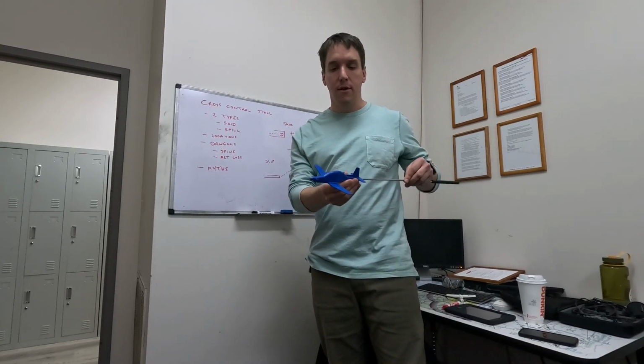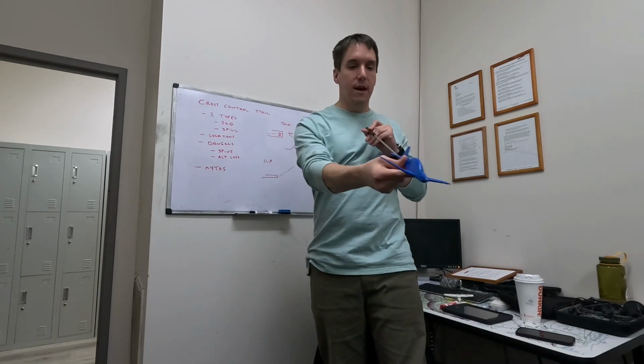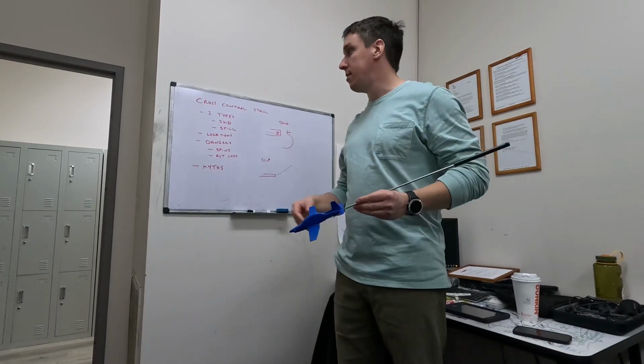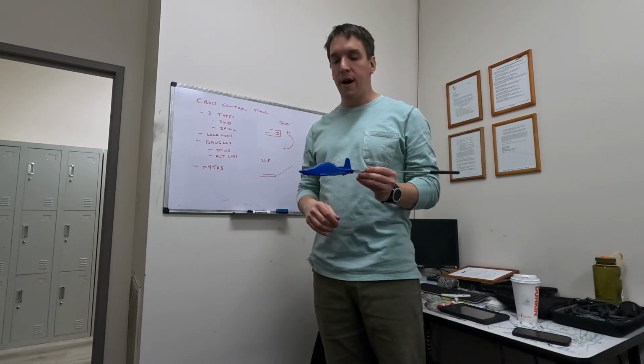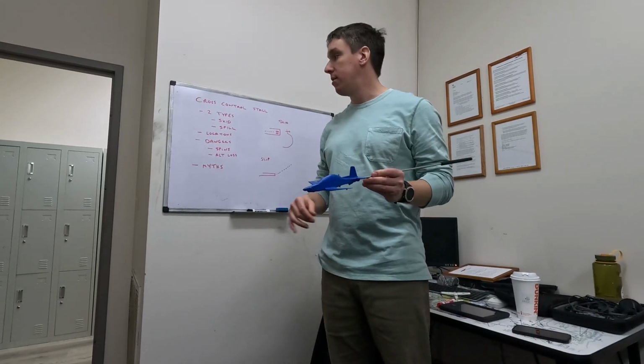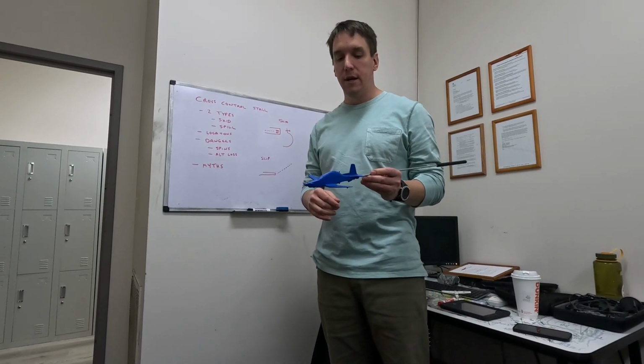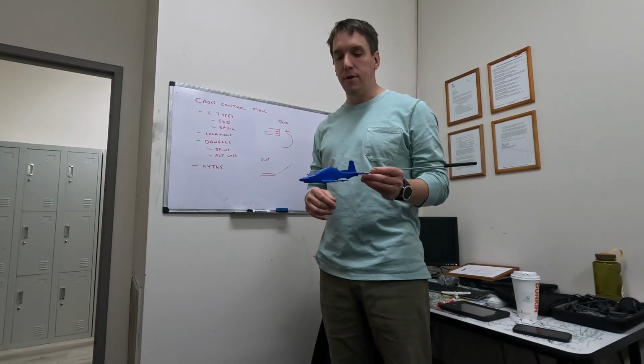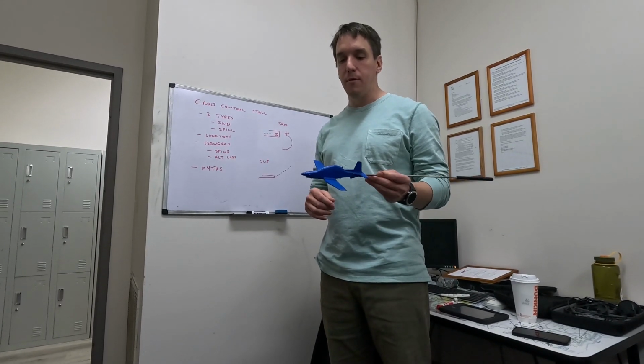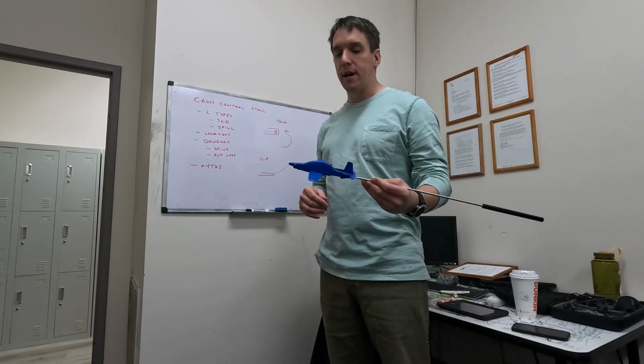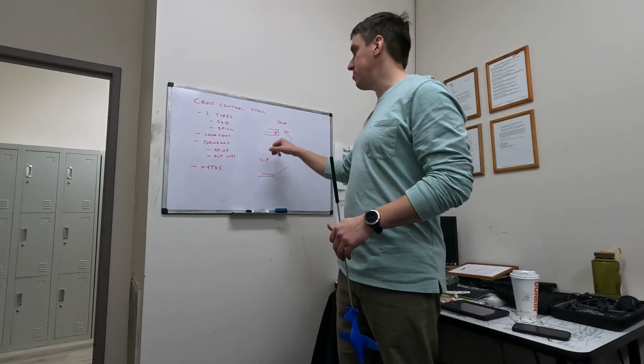So for a skid, you are applying rudder onto the inside of the turn, as opposed to a slip, where we're applying rudder to the outside of it. So where do we see these two locations?